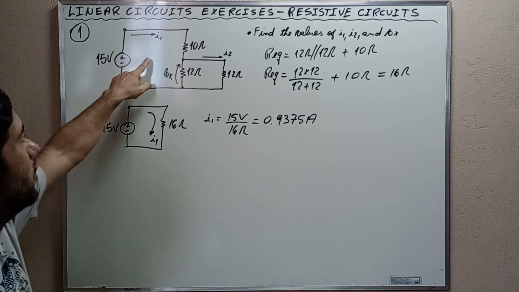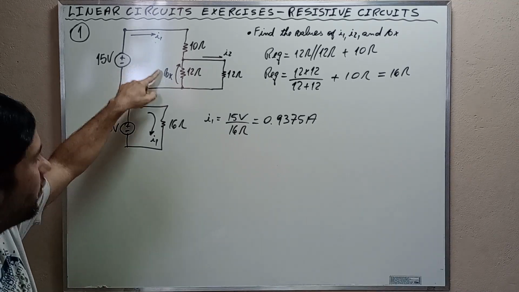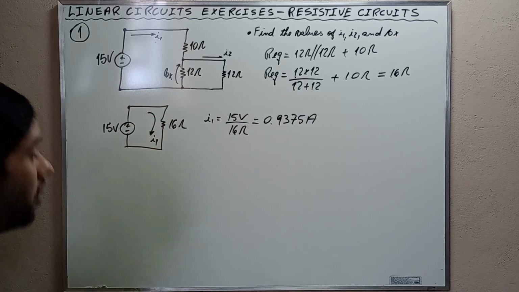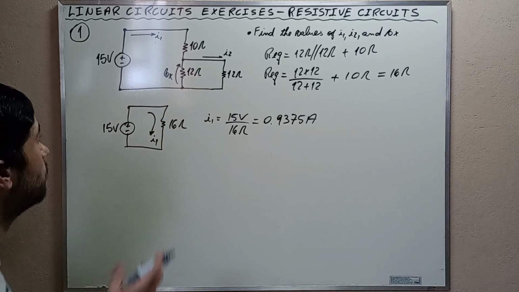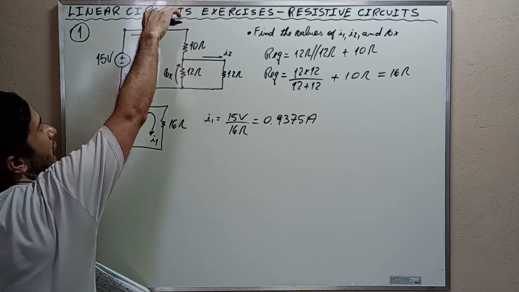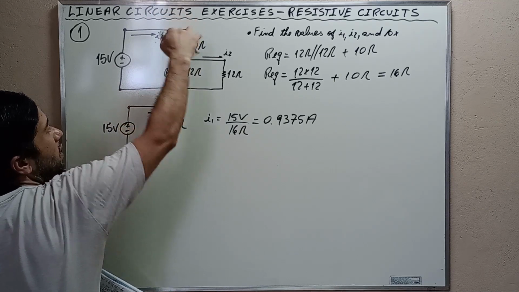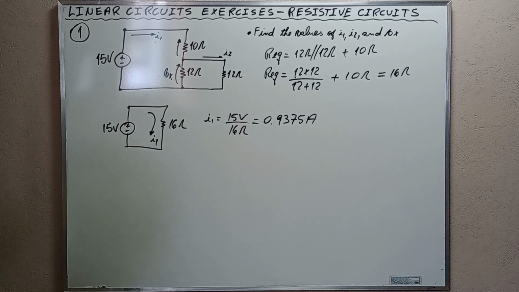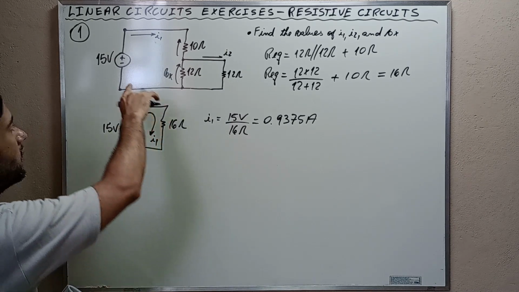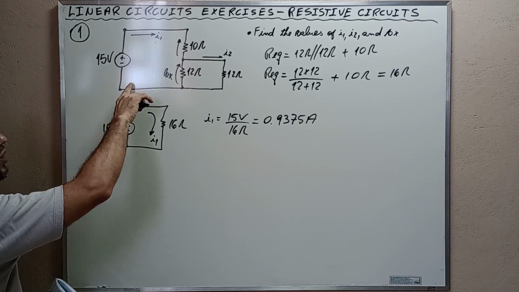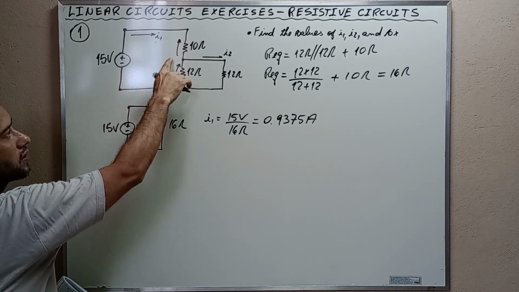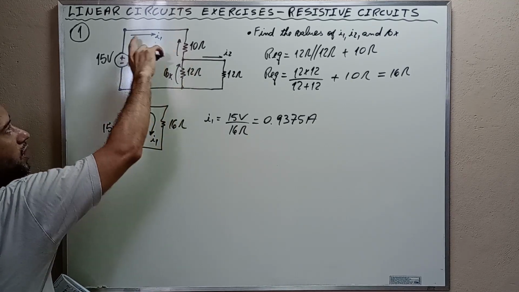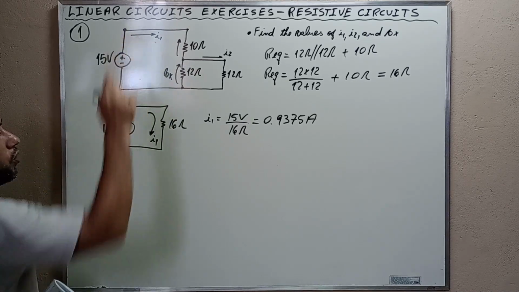Now let's go back to the original circuit to find Vx. Observe that while I1 passes here, there is a voltage drop here. Pay attention to this loop: Vx plus this is equal to 15 volts.